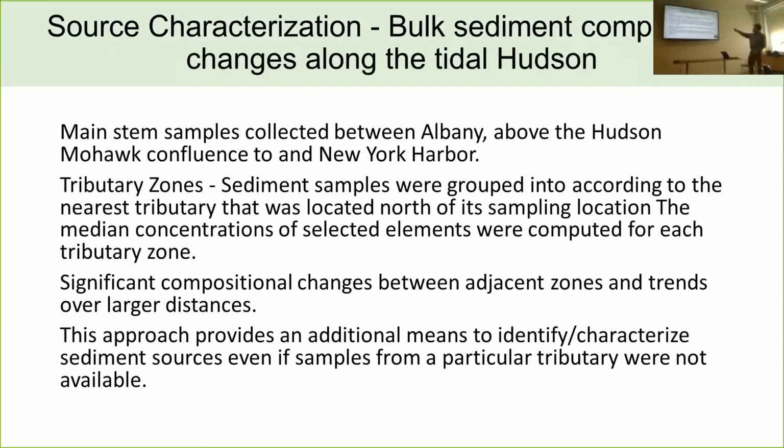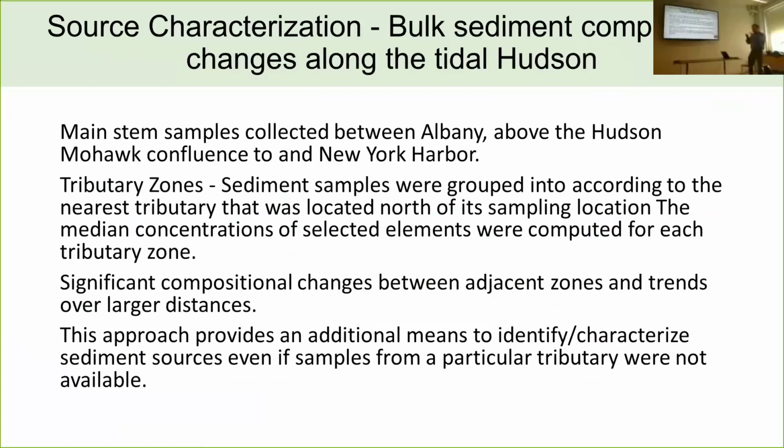Okay, so I wanted to talk a little bit about how you start to push this together so you can work with it. Where we have samples that are between two tributaries, what I did was calculate the median and the median deviation of every element in that zone, and so that zone would be identified with certain values.